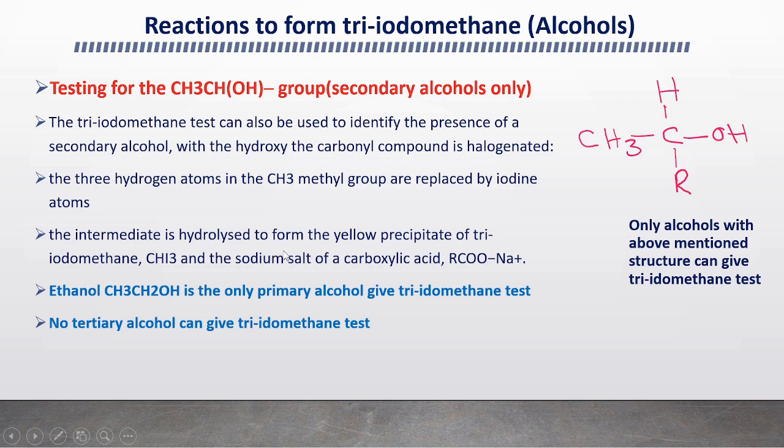The intermediate is hydrolyzed to form a yellow precipitate of triiodomethane, CHI3, and the sodium salt of carboxylic acid. Ethanol is the only primary alcohol that gives the triiodomethane test. No tertiary alcohol can give the triiodomethane test, but as I already mentioned, secondary alcohols can give it.